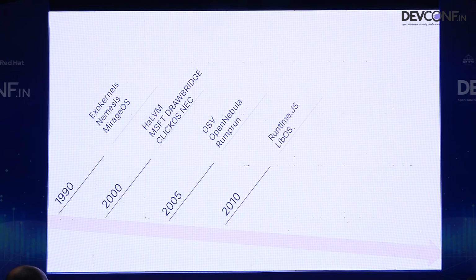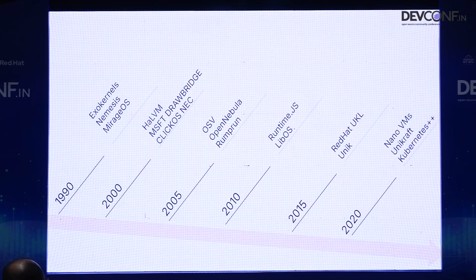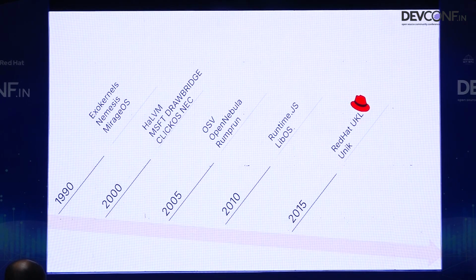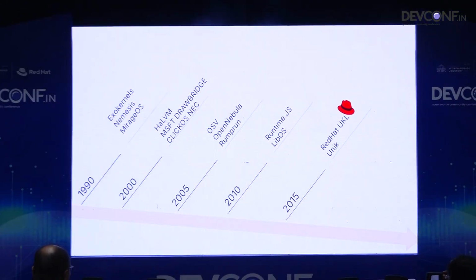And then there was another JavaScript-specific framework that emerged in the 2010s, and the first evidence of the library operating system that we spoke about came along. And then fast forward a few years, there's my only Red Hat mention. So thank you for being wonderful hosts at this event. But there is a Red Hat unikernel that still exists, and if people want to pursue that, you're more than welcome to.